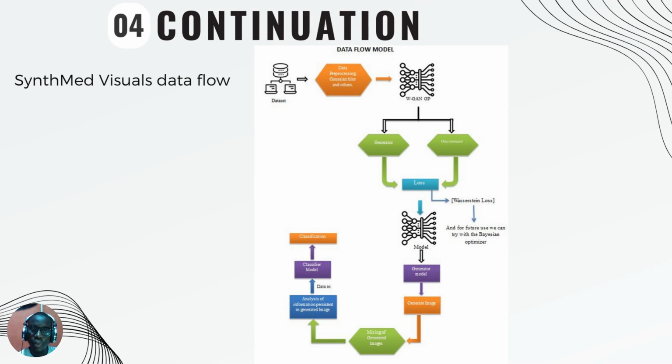We gather data, and at the end of the day, we apply our neural network using GAN, generative adversarial network, the Wasserstein part of it. This one has two neural networks, the generator and the discriminator, and we are able to generate our data, I mean more images, from it. This is how the data flow looks.